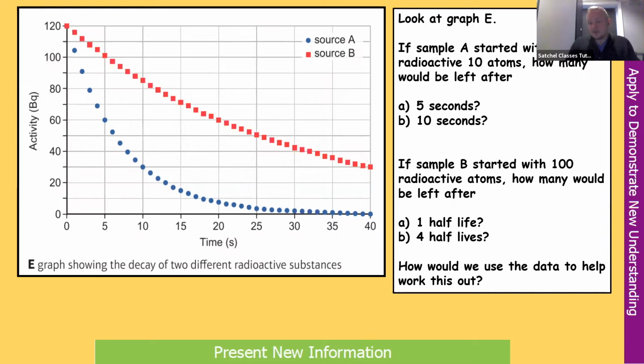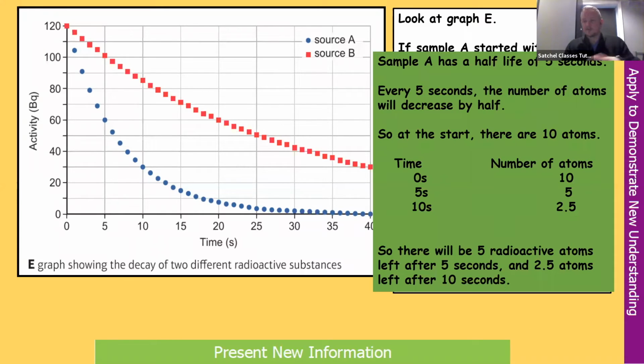But for part B, 4 half-lives, well, we have to halve it 4 times, starting with 100. So 100 halved is 50. 50 halved is 25. 25 halved is 12.5. And 12.5 halved would be 6.75. And that would be our final answer.